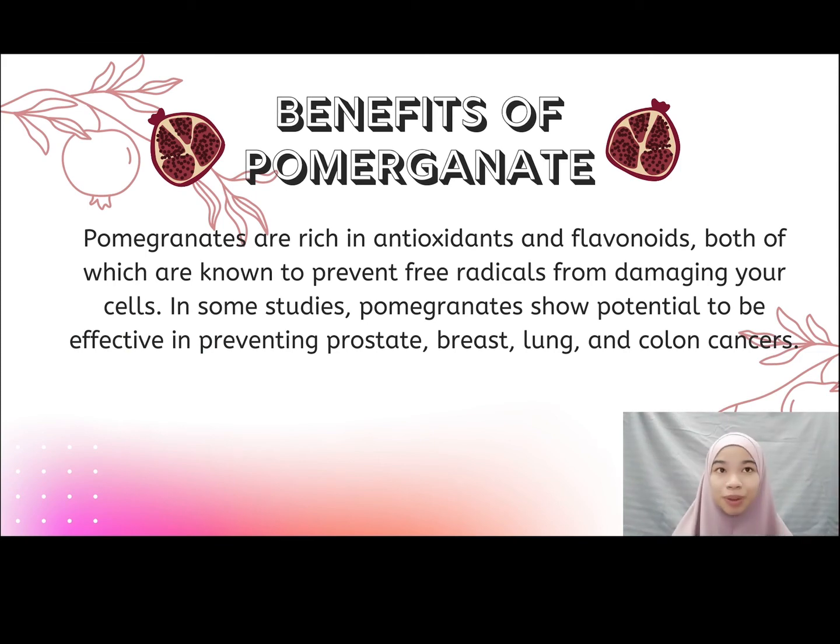So the benefits of pomegranate: pomegranates are rich in antioxidants and flavonoids, both of which are known to prevent free radicals from damaging your cells. In some studies, pomegranates show potential to be effective in preventing prostate, breast, lung, and colon cancers.